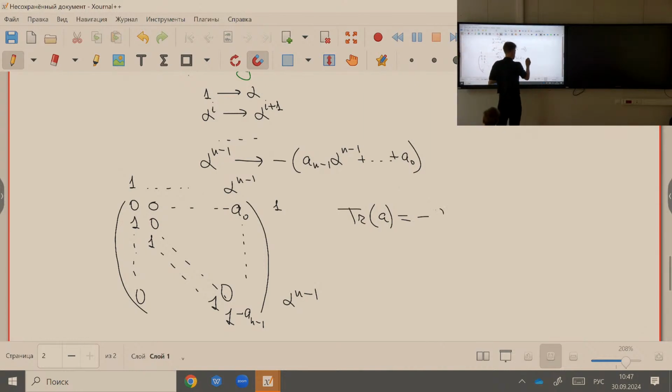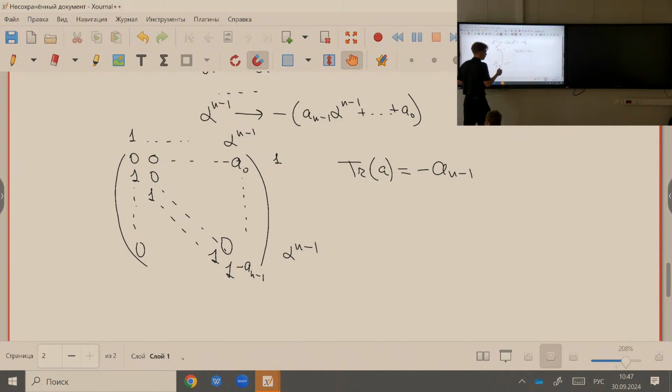And if the element is already in the field, then it is just a one-dimensional vector space, and you multiply by the element from it, so the operator is a scalar, and you just write down this element for the trace.